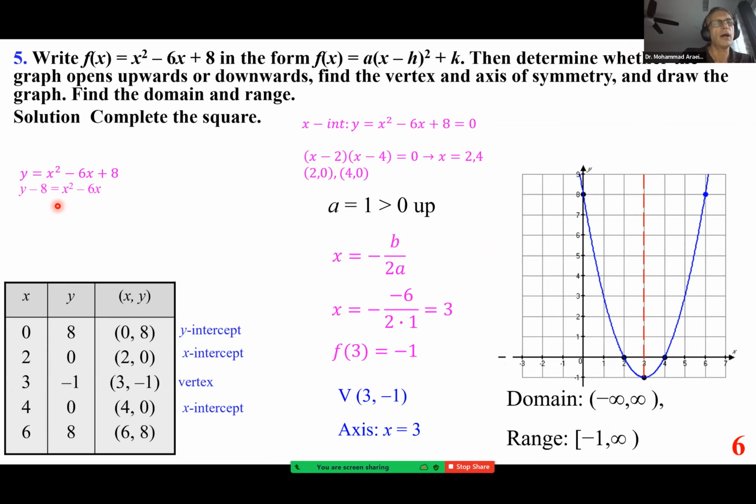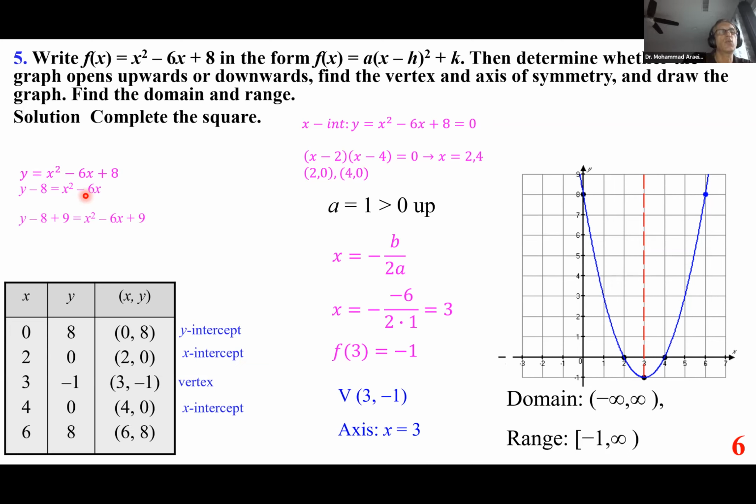So we want to put these two together. We can move the 8 and then bring it back. This is another method, because some students I've noticed are more comfortable with that. That's fine. Okay, b is -6, divided by 2, -3. Square it, 9. Add 9 to both sides.